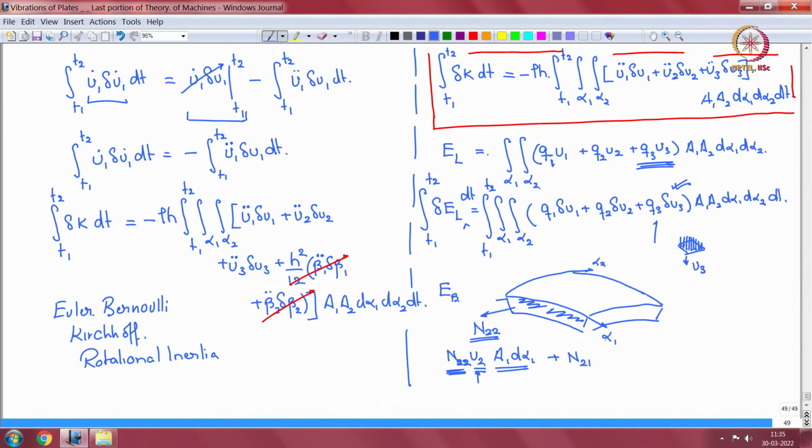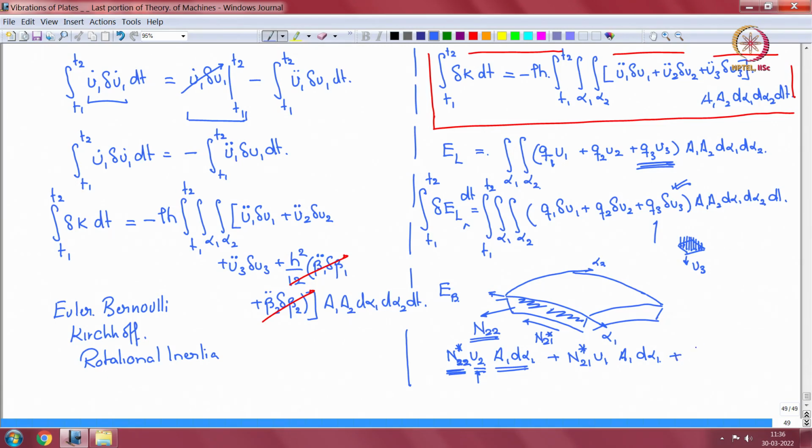Similarly we have N21, so we will put a star for the external load, into U1, into A1 d alpha 1. So N21 is on the 2 face in the 1 direction, so it will be in this direction. This is N21 star, and therefore it goes with the U1 displacement. I will clarify in just a moment.